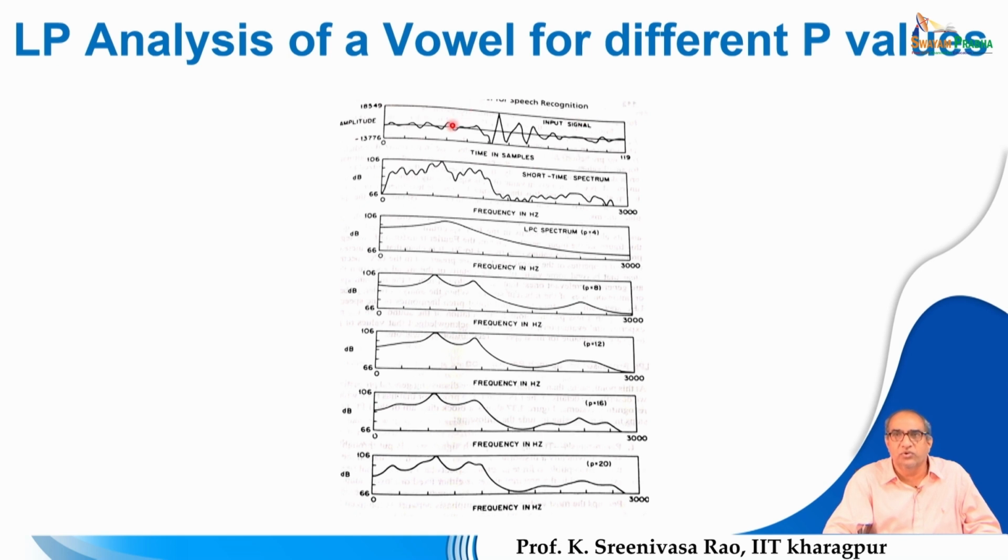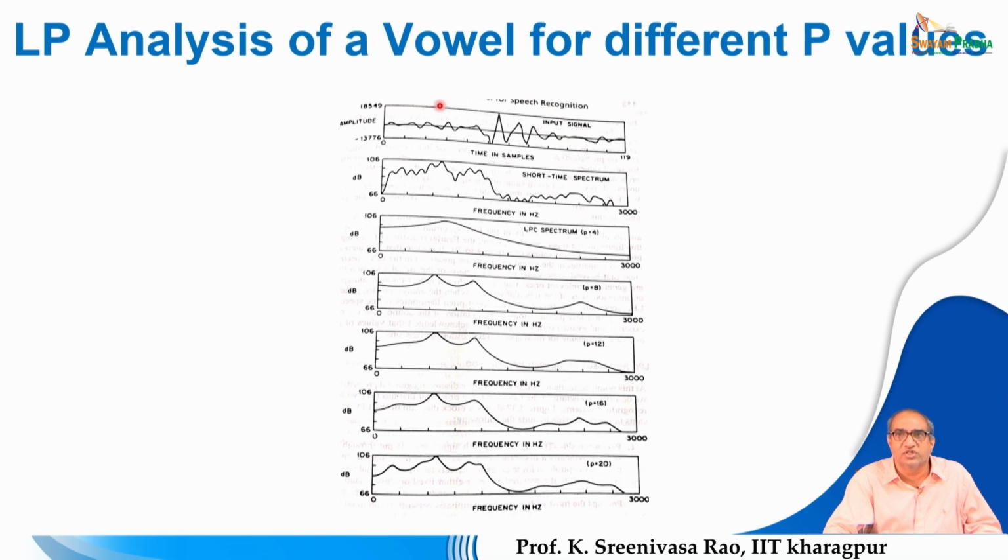So how do you do that? We know the speech signal, and by performing autocorrelation analysis you get the autocorrelation coefficients R of 0, R of 1, R of 2 up to R of p, depending upon the prediction order, right?